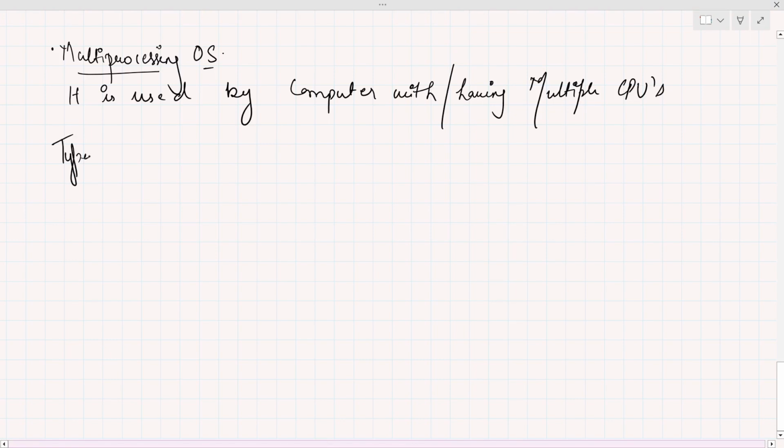The first type is tightly coupled, or you can say shared memory.